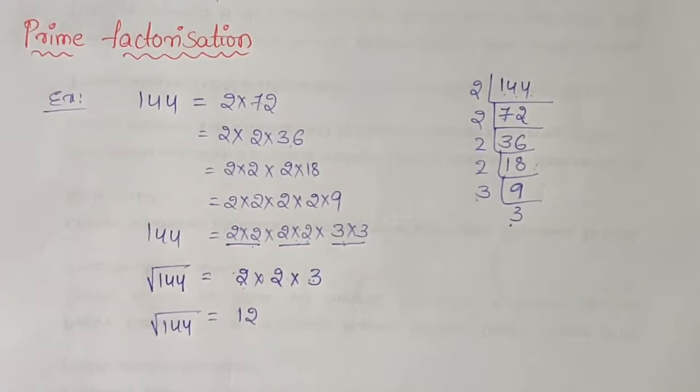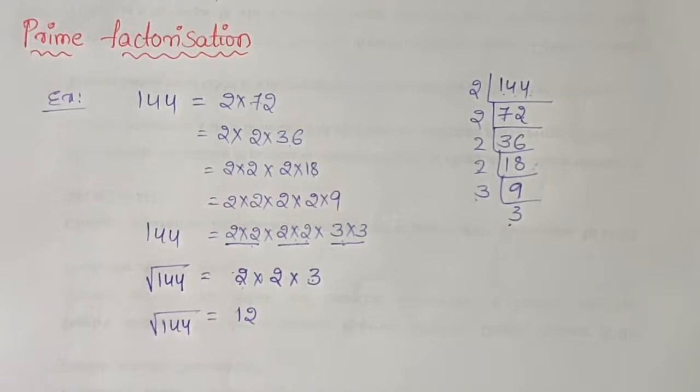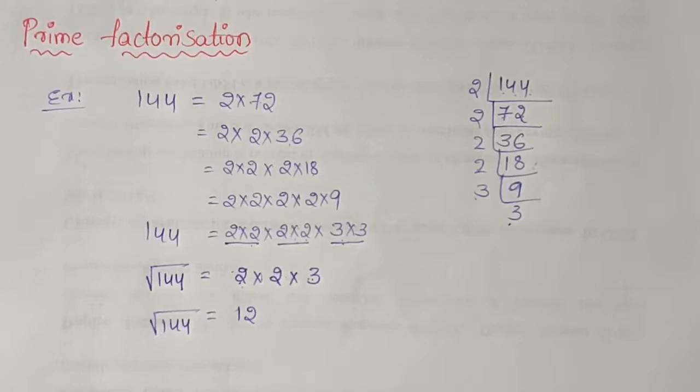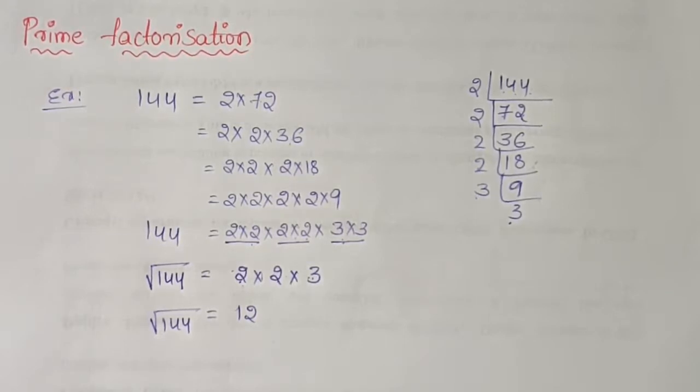This is quite time consuming and difficult for calculating the square root of a larger number. We are taking an example of a 3-digit number. If it is 5-digit or 7-digit, it will be difficult, right? So to overcome this problem, a new method of finding square roots was developed. That method is known as the long division method.